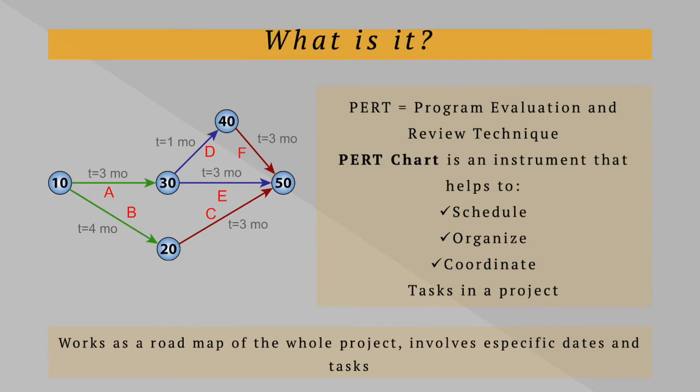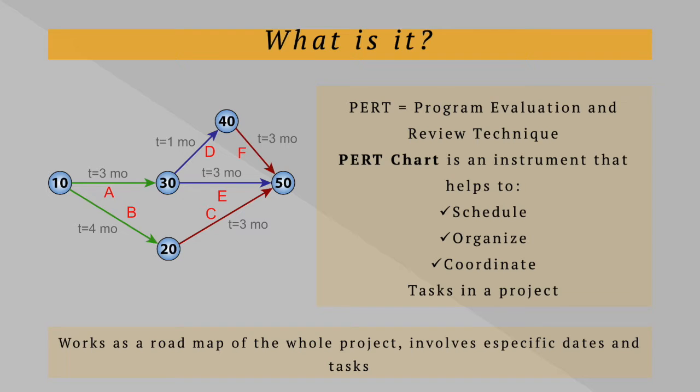Firstly, PERT stands for Program Evaluation Review Technique. This is an instrument that helps us to schedule and organize tasks and activities within a project. It also helps us to determine the predicted time that the project will take.